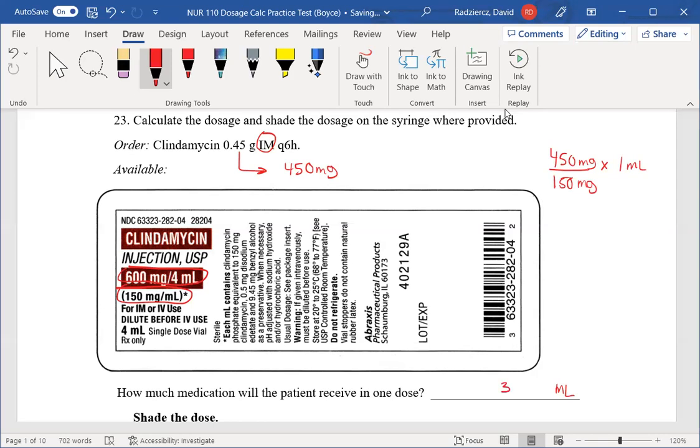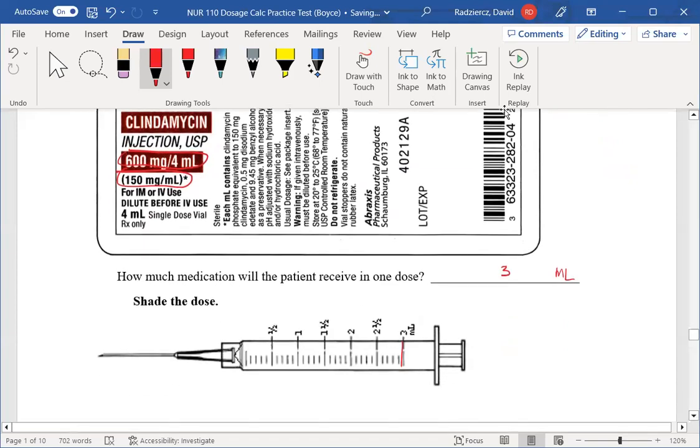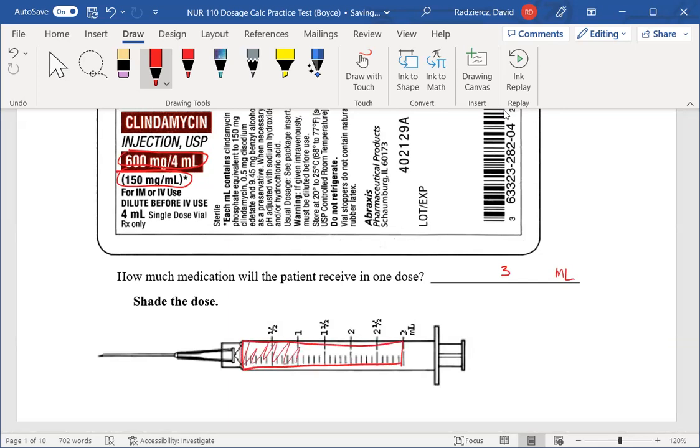And that's your answer. And then you would just shade the dose on the 3. It looks like I already left that on there accidentally, but we just fill this all in. If they ask you to shade it in, do a better job than that, please.